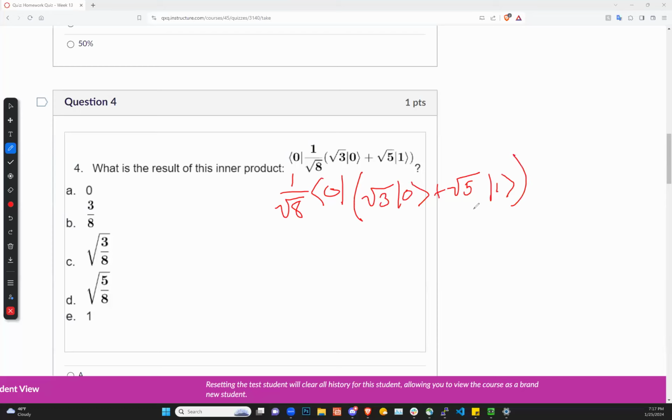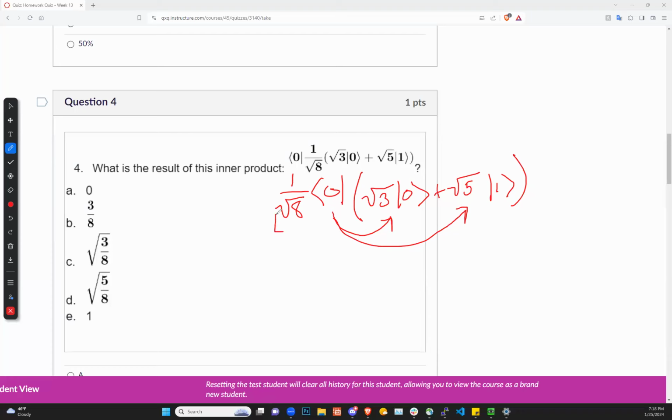A lot of the manipulating that we're going to be doing with these expressions comes from something like a polynomial. So if you know how to distribute and put the coefficients out front and all of that stuff, then this is exactly like that. I already did the first step of bringing this 1 over square root of 8 to the other side of the 0. And now I can distribute these to both of these here.